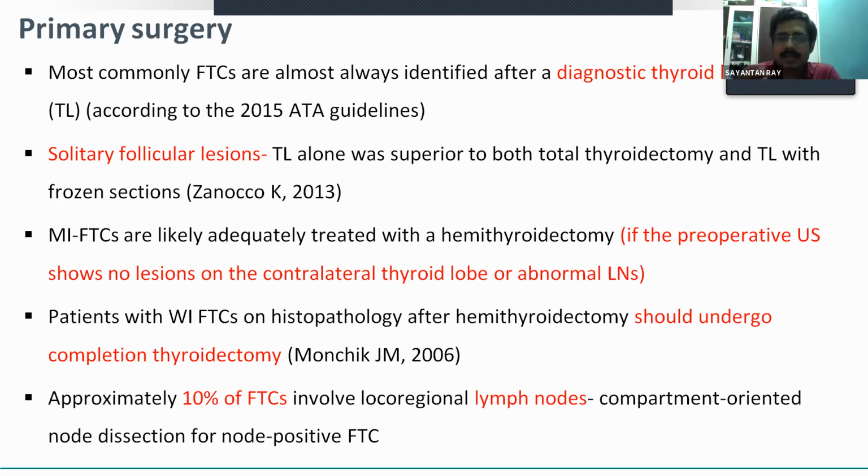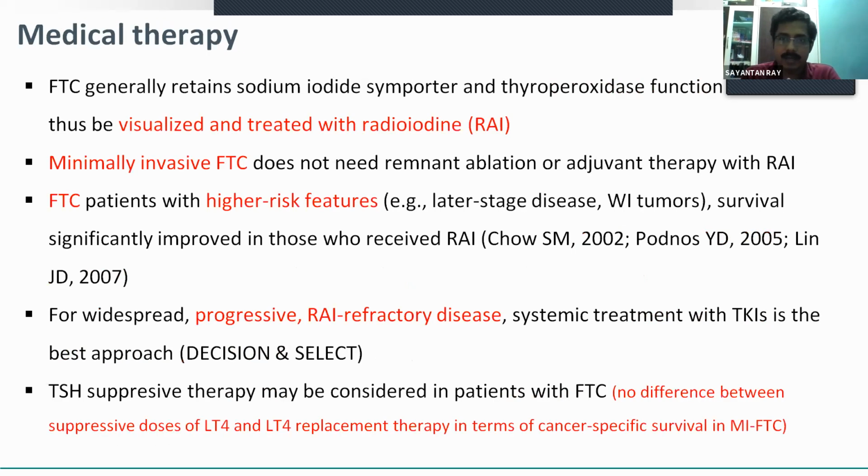And nearly 10% of FTCs usually involve the locoregional lymph nodes. If present, then compartment-oriented node dissection is indicated for node-positive follicular thyroid cancers. Regarding medical therapy, follicular thyroid cancers usually retain sodium iodide symporter and thyroid peroxidase function, and therefore they can be visualized and treated with radioiodine.